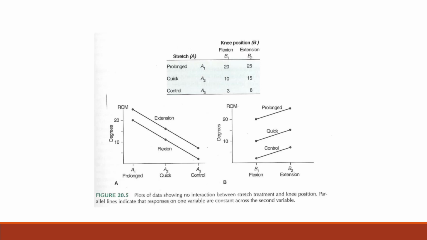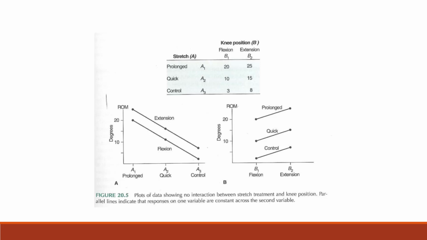The 3 stretch groups are represented along the x-axis. The means for range of motion for each knee position are plotted at each level of stretch, with lines connecting the means. Note that in this example the lines are parallel, which means that the pattern of response at each knee position is consistent across all levels of stretch.